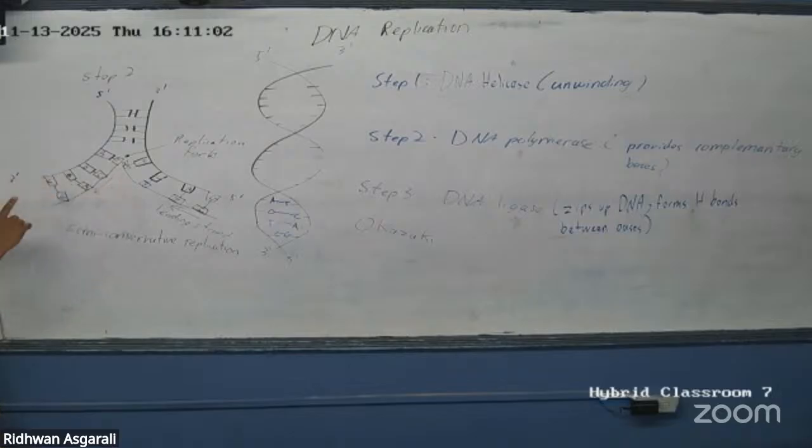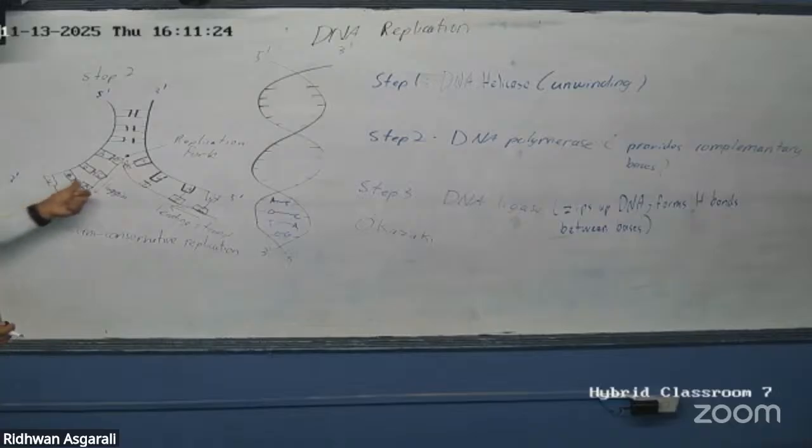Again, it has to be in a 5 prime to 3 prime direction. So it jumps onto this side and starts to move downwards, and the complementary bases will be attached here.